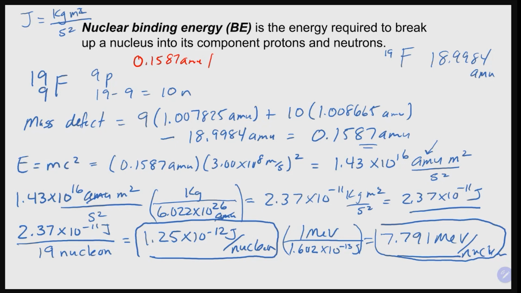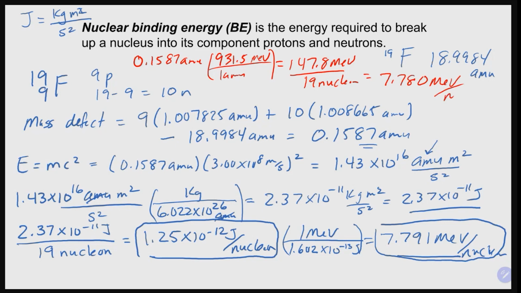And we could have done that 1 AMU is 931.5 mega electron volts, which would have given us 0.1587 times 931.5, gave us 147.8 mega electron volts, which if we divided it by 19, will get us 7.780. With rounding, a little bit different, but pretty much the same number as what we got down here.